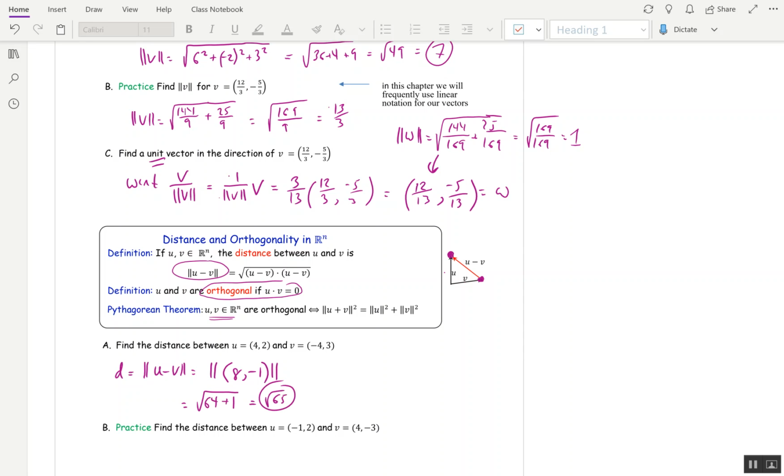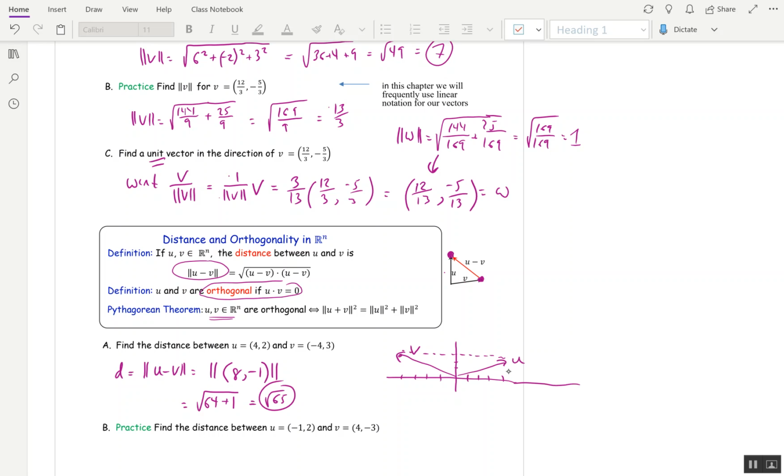Let me just show you a picture of that, the geometry. U is this vector, 1, 2, 3, 4, 1, 2. There's U. V is negative 4, 3. This would be V. Now, the distance between U and V should be the length of this dotted line. But notice when we take U minus V, we get 8, negative 1. Let's plot that.